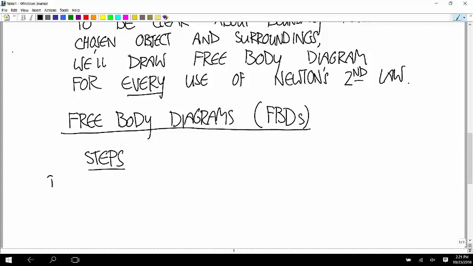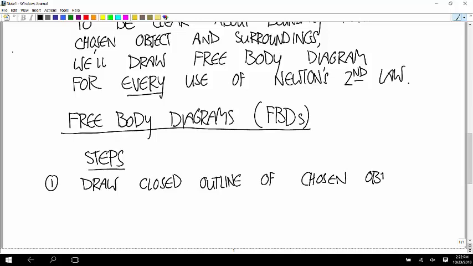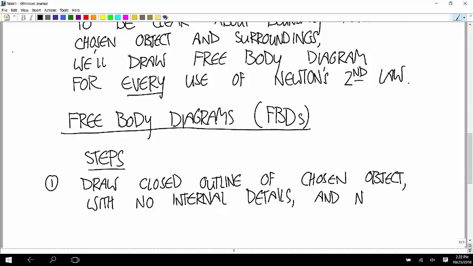First, draw a closed outline of the chosen object with no internal details and no outside objects.